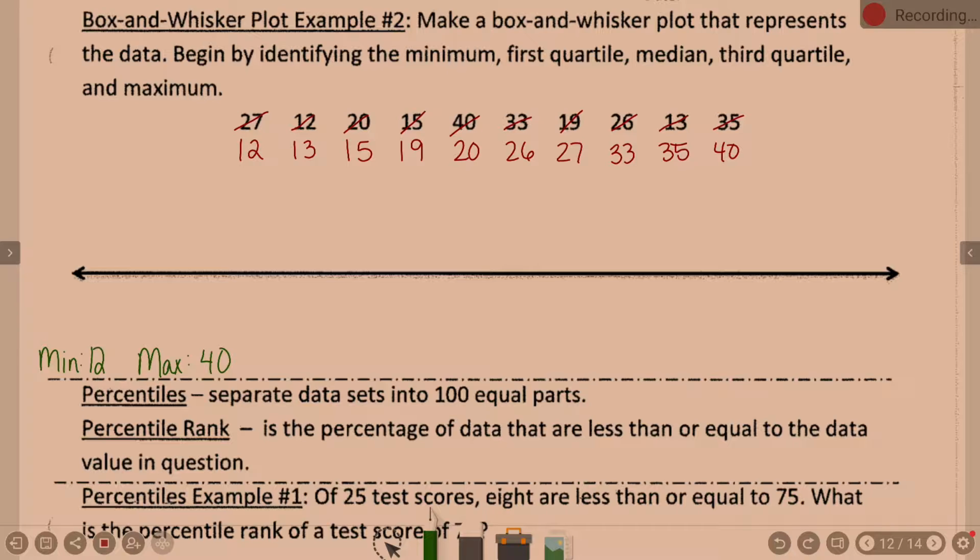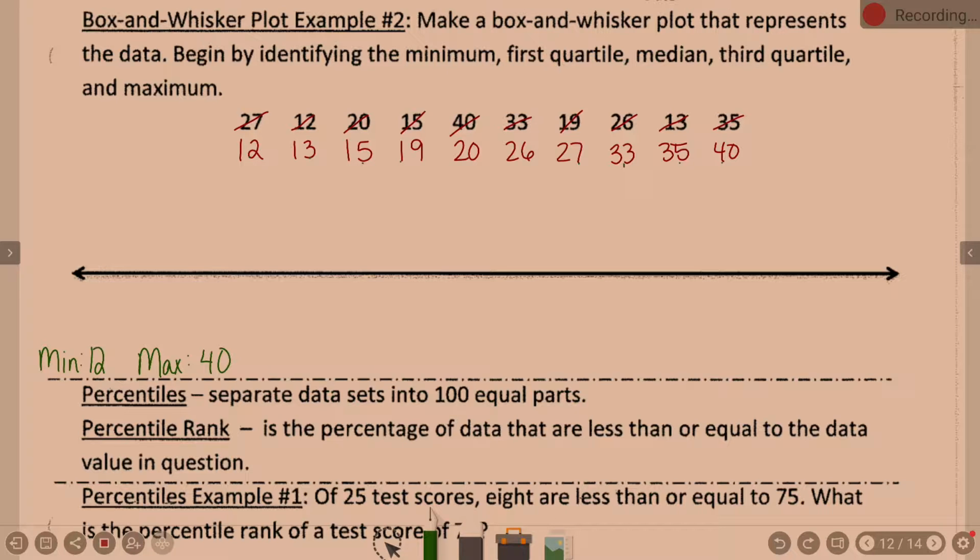What else? Median. All the quartiles. Okay, so in order to find our median, we pair up numbers: 12 and 40, 13 and 35, 15 and 33, 19 and 27.